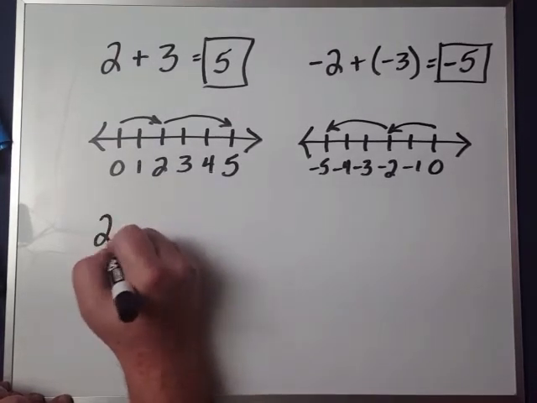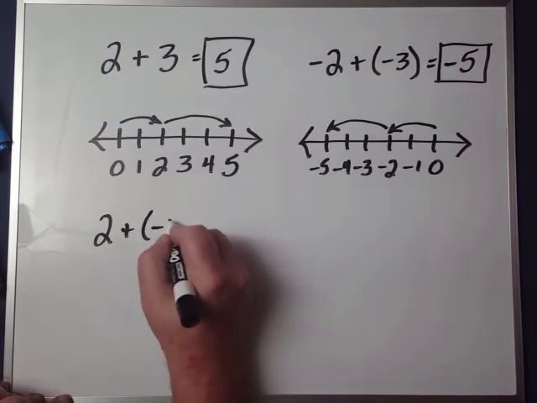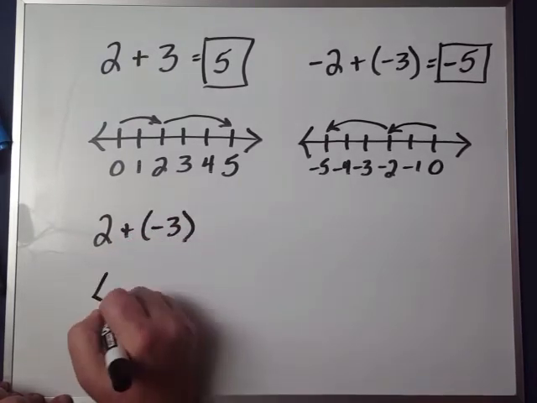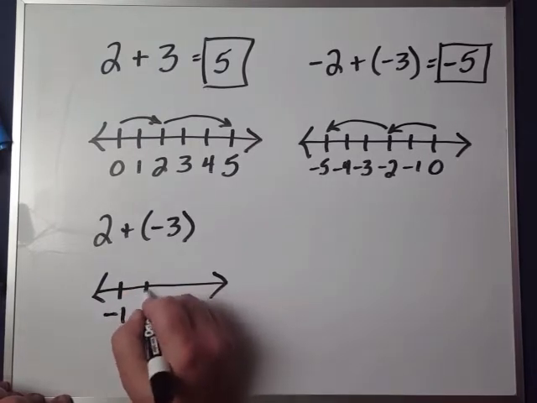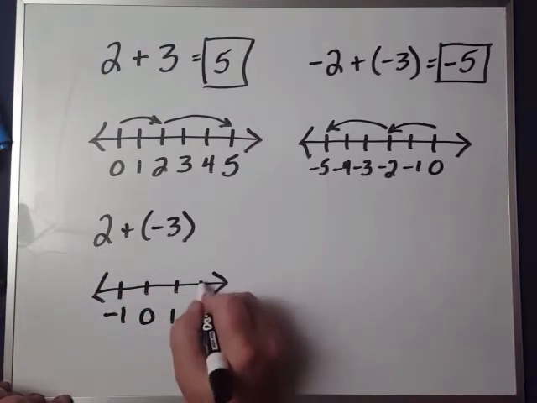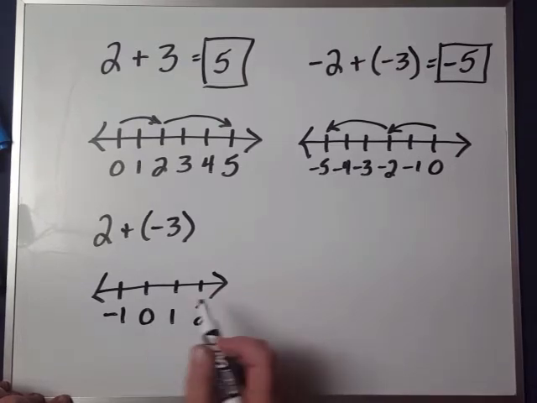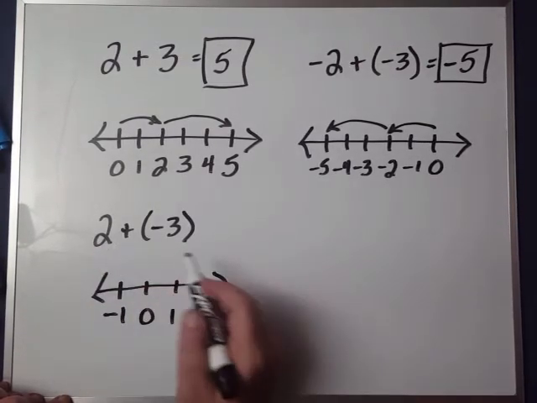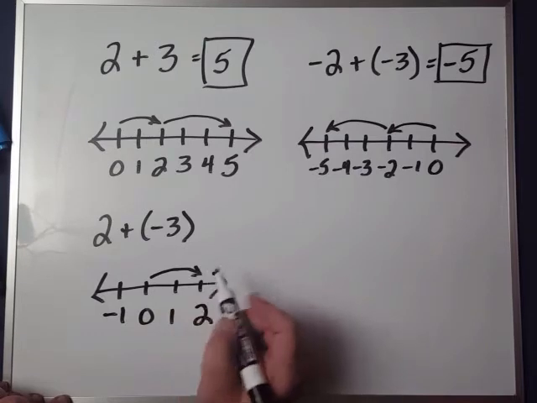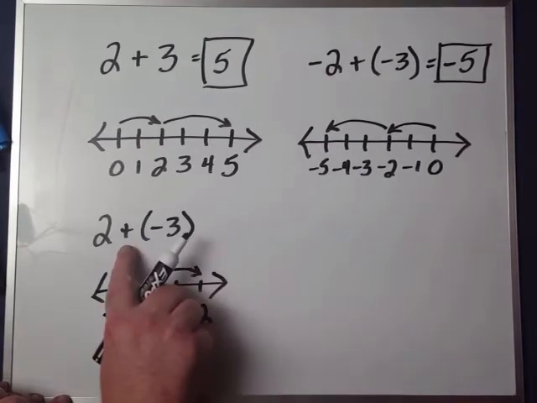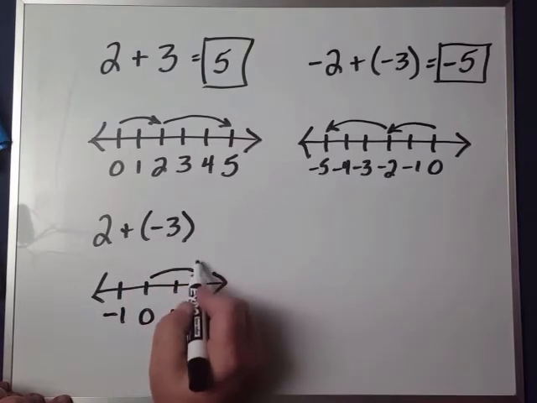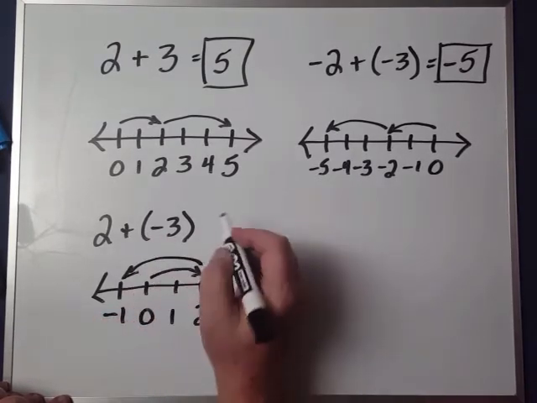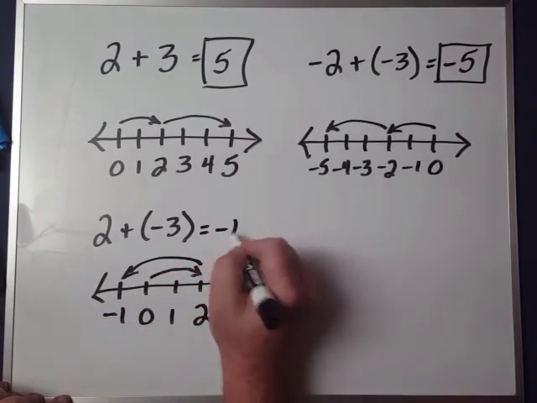Let's consider 2 plus -3. We'll start at 0 and move 2 units in the positive direction. And from where we left off, we're now going to move an additional 3 units, but in the negative direction. That will bring us back to land on -1.